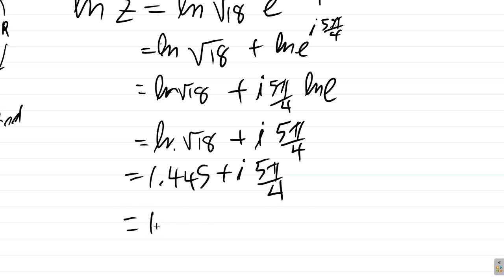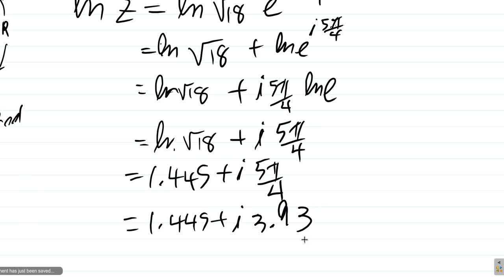If you want, you could say 1.445 plus i, and if you do 5 times pi over 4, it would be 3.927. Alright, so that's the natural logarithm of z.